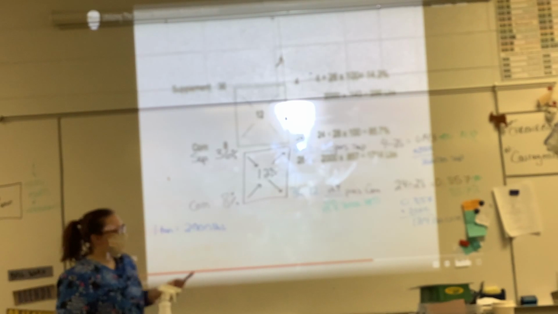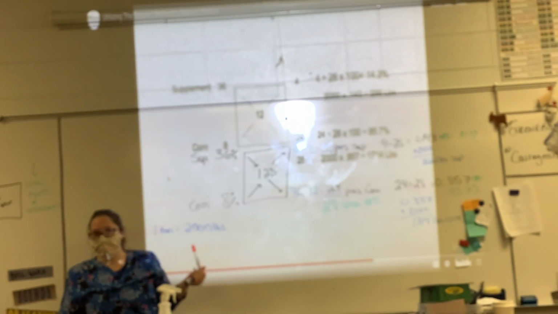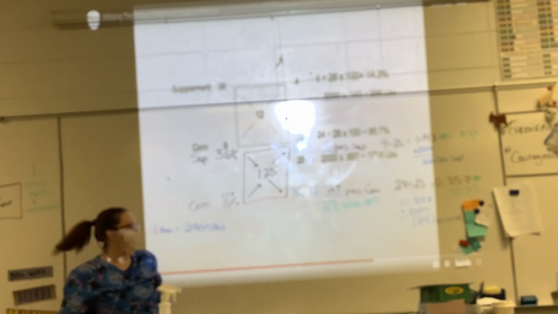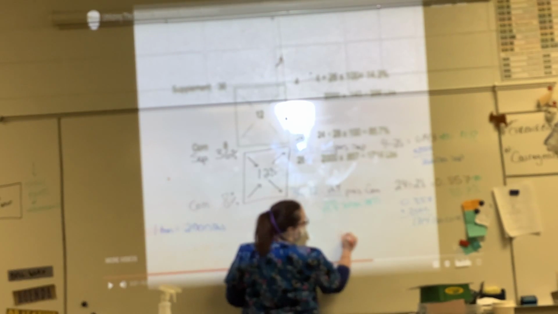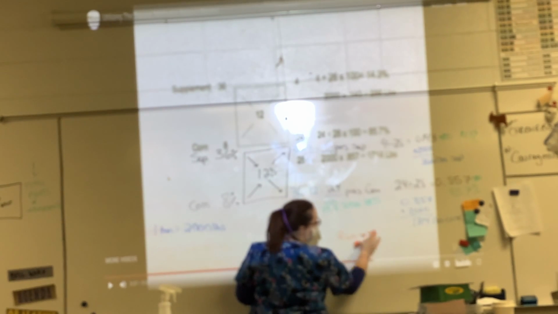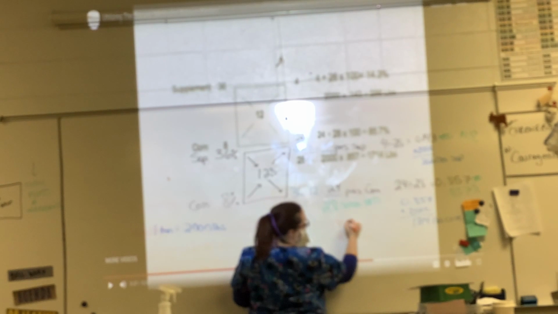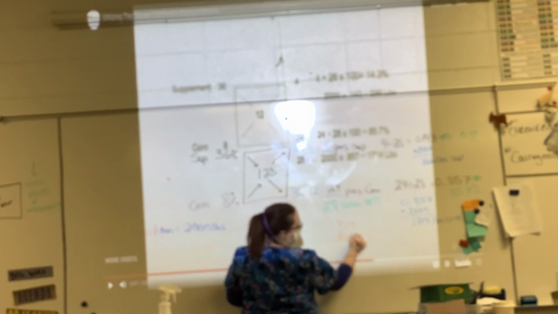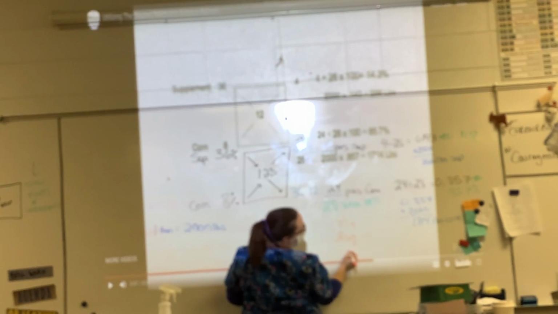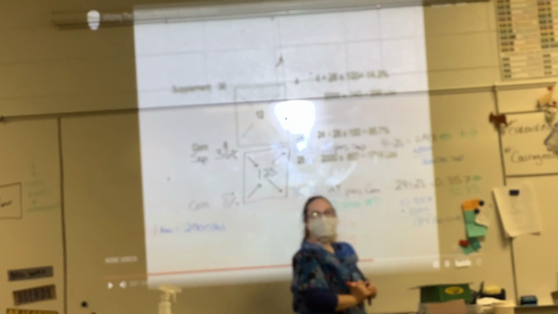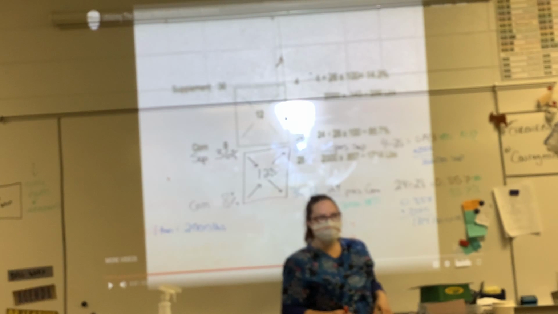How do I check my work to make sure I did it right? Add up my ingredients, right? So if I do 266 plus 1,... whoa, what did I add wrong? Oh, is that 86? Is that 286? That wasn't 266, was it? 286?